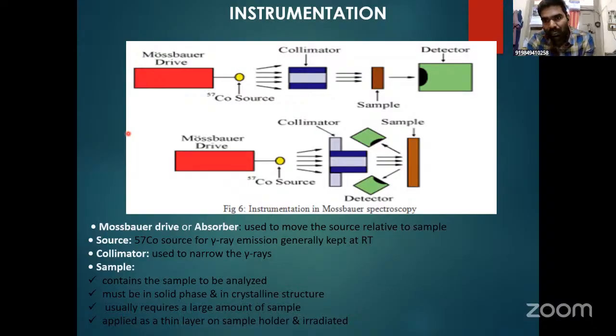So whenever cobalt decays into iron in an excited state, it releases some amount of energy, that is gamma radiation, which is studied more here. The excited 57 Fe nuclei can go directly to the ground state by emitting 137 kilo electron volts of gamma ray.